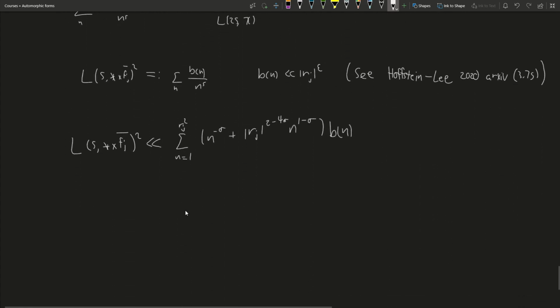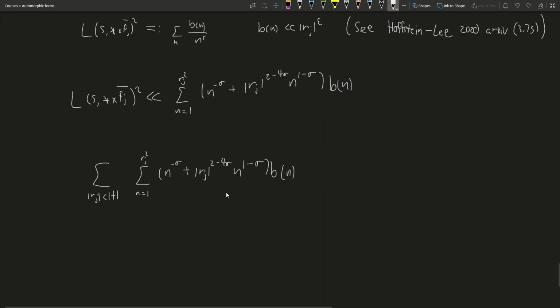So we're looking at the sum over r_j less than T of the sum over n from 1 to r_j squared of n to the minus sigma plus r_j to the 2 minus 4 sigma, n to the 1 minus sigma, times b_n, right?